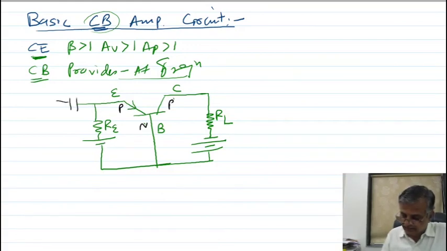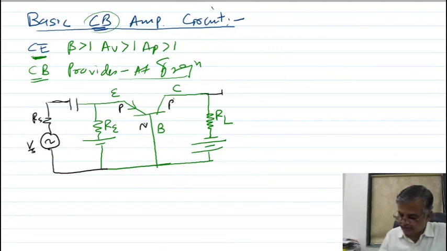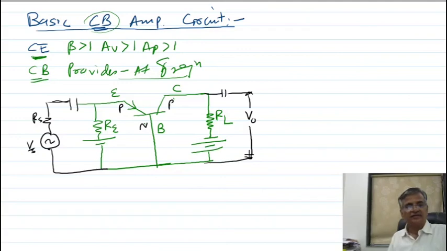From this I am giving my input signal which is to be amplified. This is the resistance of the signal source, and here you are taking the output voltage. This is the basic circuit diagram of a common base amplifier circuit.